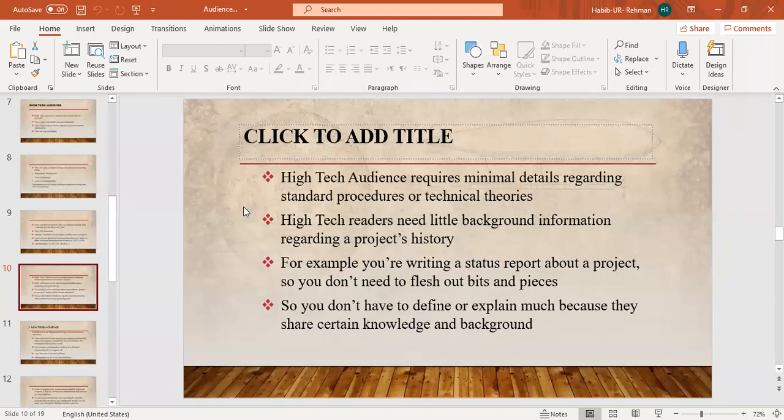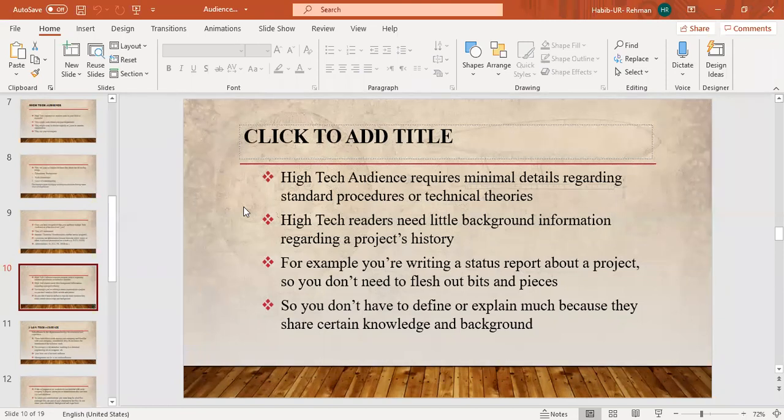And when you want to convey something, minimal details are required for them to understand and make that process understandable, because they know everything, because they belong to your field.